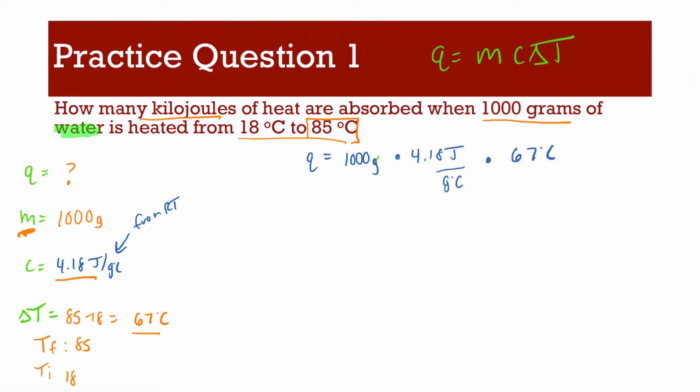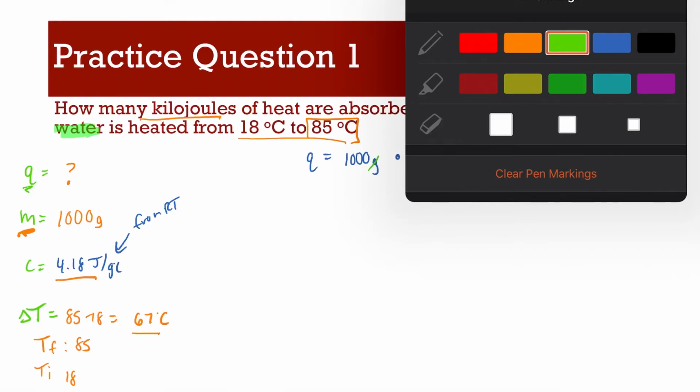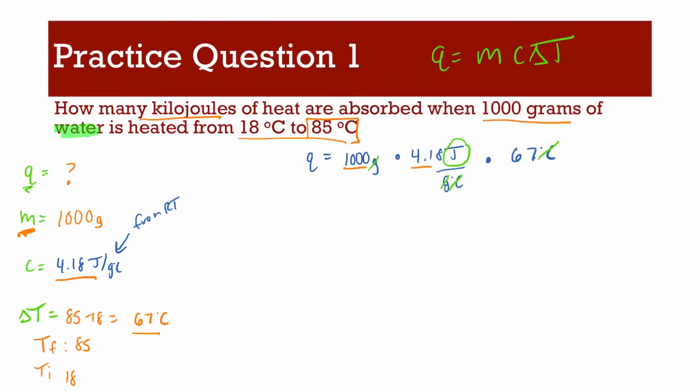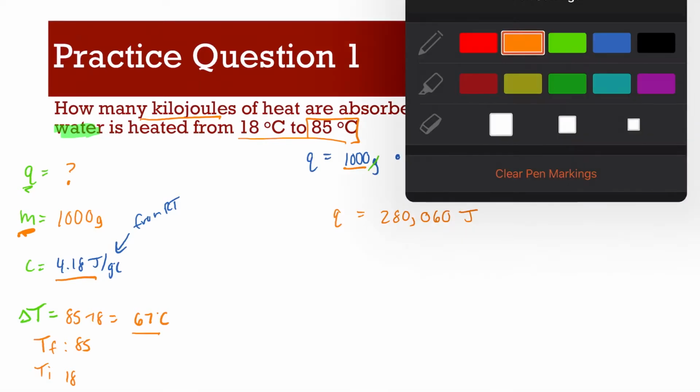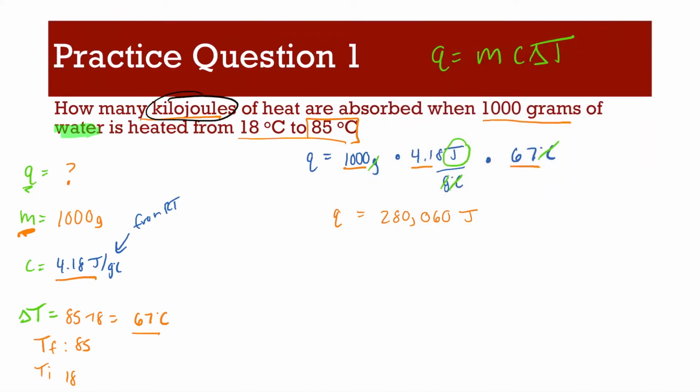And so now you'll notice grams cancel and degrees Celsius cancel, leaving us with J, or joules, and that's our unit of Q. And so when we plug this in, we get 1,000 times 4.18 times 67, which gives us 280,060 J. Now, the question, though, asks us for kilojoules, and so 1 kilojoule is the same as 1,000 joules.